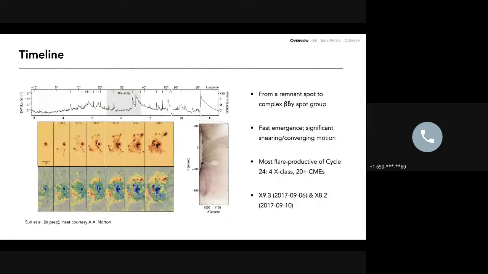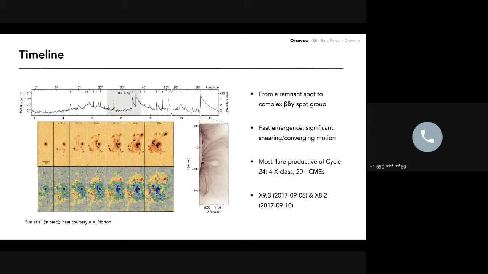All right, so here on the left, I'm showing you a timeline of this active region's evolution. On the top is the GOES soft X-ray light curve. The active region emerged on the sun around September 3rd, 2017.